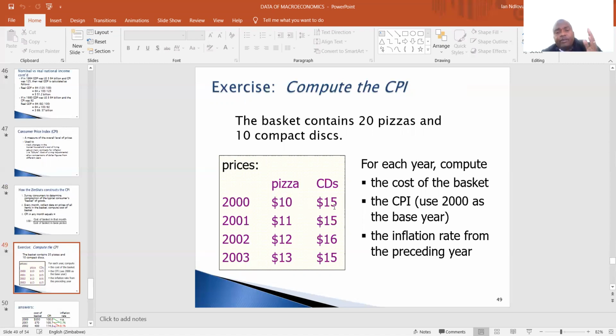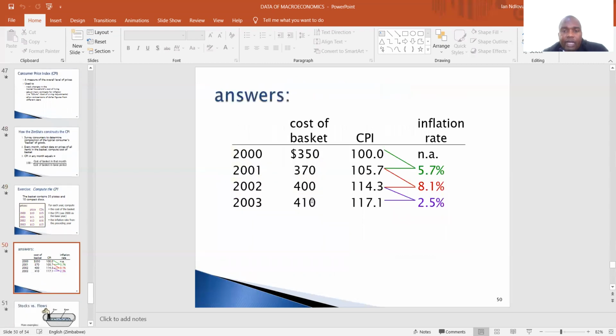So the CPI of the base period or base year is always 100 because we are dividing a number by itself. And then for the other years, we get 370 divided by 350, which gives us 105.7. And then we get 400 divided by 350, which gives us 114.3.